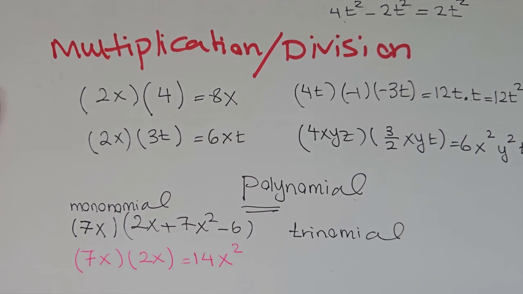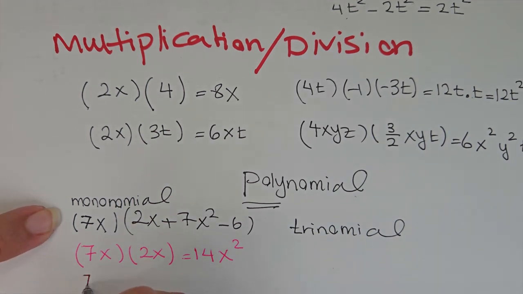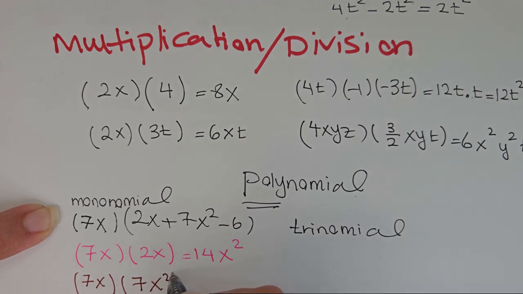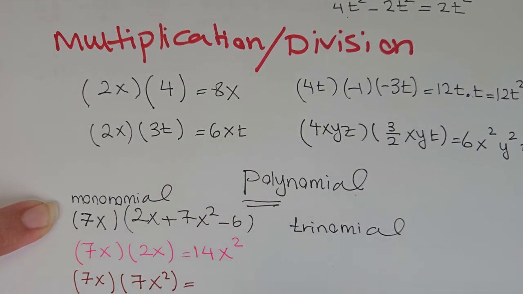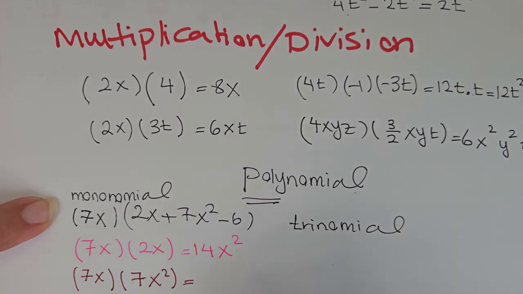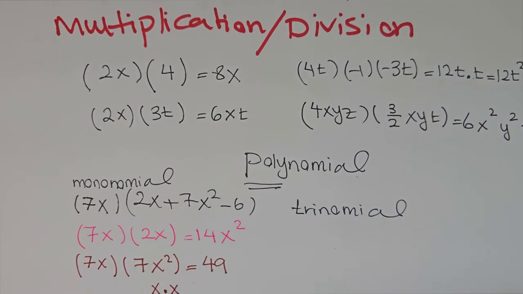The second part would be, again, 7x multiplied by 7x squared. Here, the constants will be multiplied by one another, which will be 49. And then here I have x multiplied by x squared. So in other words, x squared is x multiplied by x, right?